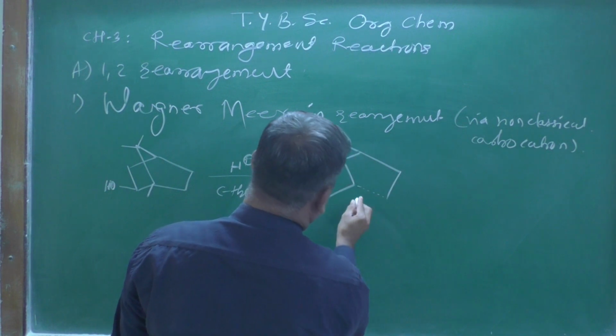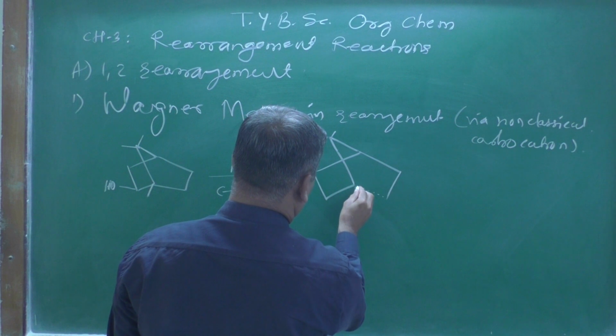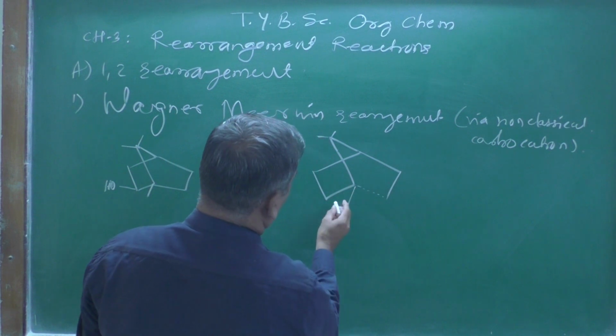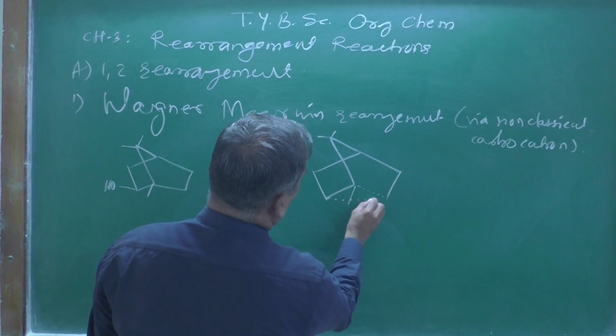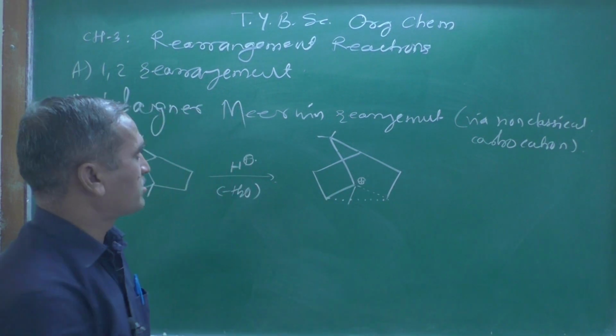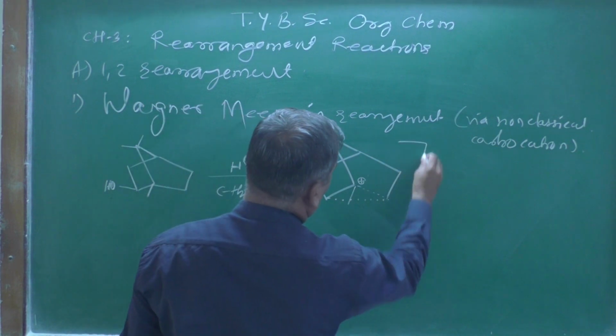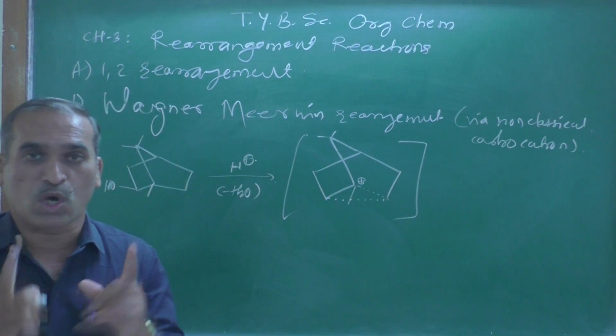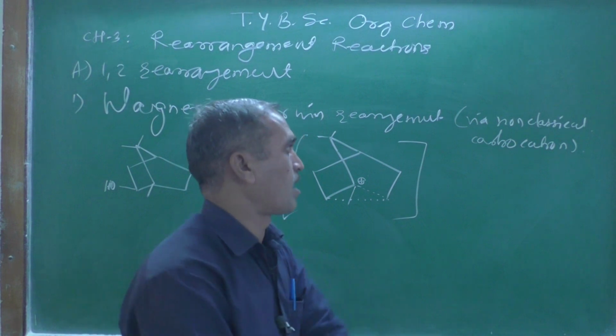This bond is going to break, here is a bond, and here is a positive charge. This intermediate is called a non-classical carbocation.